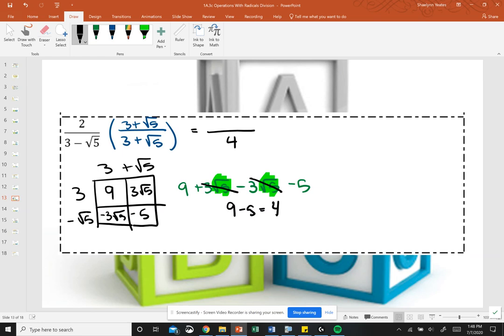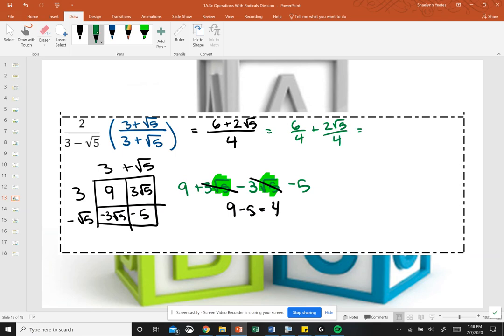And now I can take my 2 and distribute it through, and that's pretty easy. 2 times 3 is 6. 2 times square root 5 is a positive 2 square root 5. Now, I'm going to simplify this further because I can. See how everything's even? I can cancel out a 2. Now, if you have a hard time seeing that, you can do it this way. We've got 6/4 plus 2 square root 5 over 4.